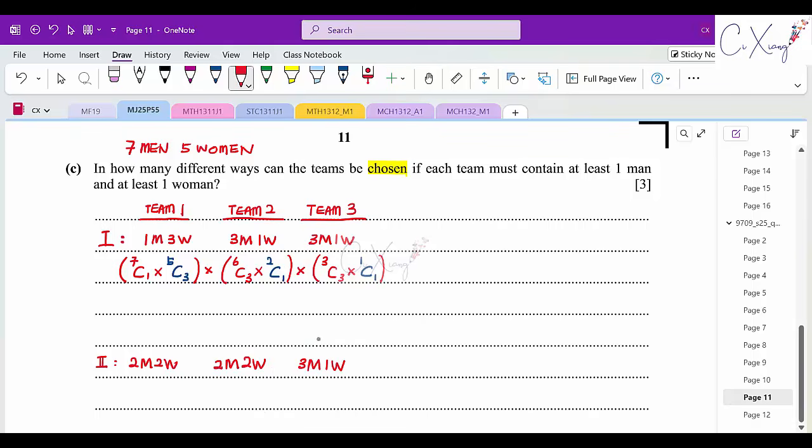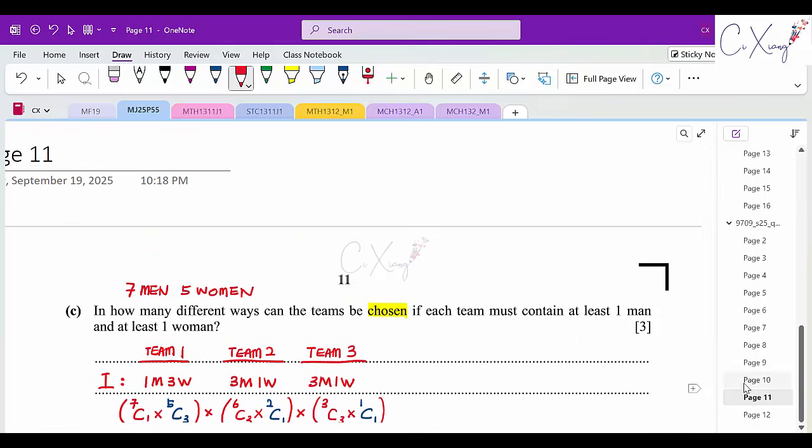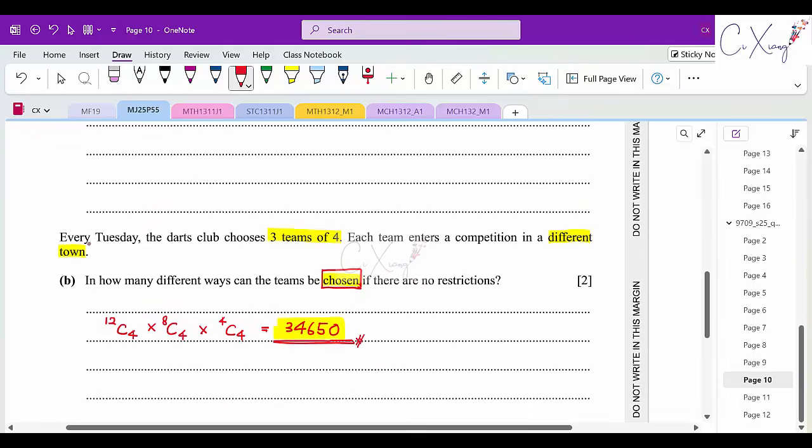Okay, after that, for this question, after you select the group and you form the teams, let's read the question one more time very, very carefully. They did mention that every Tuesday, the dart club chooses 3 teams of 4. Each team enters a competition in a different town. What does it mean?